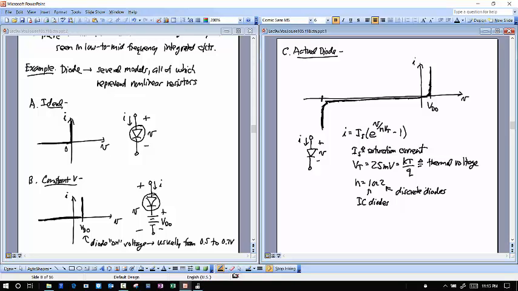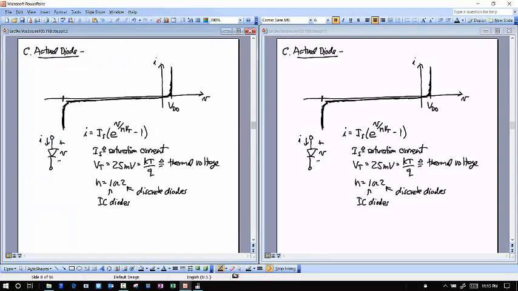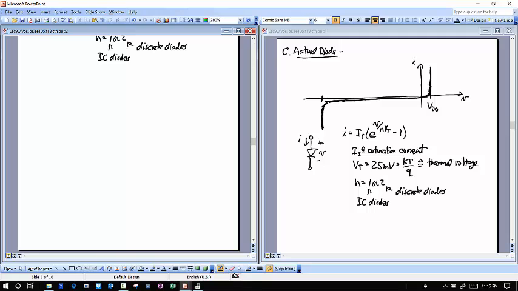Okay, so this is what an actual diode does here. This is its transfer function here, and this is something now that we want to spend more time, more focus on here. We're going to do more of that in the next lecture, but the last thing that I want to say is that a diode I've been describing as a nonlinear resistor.